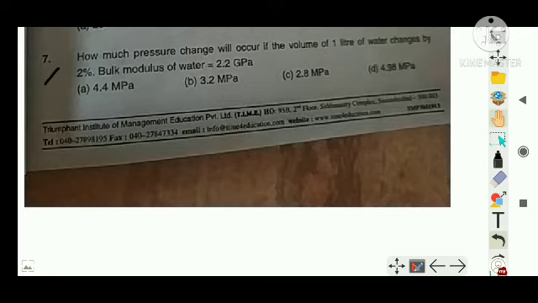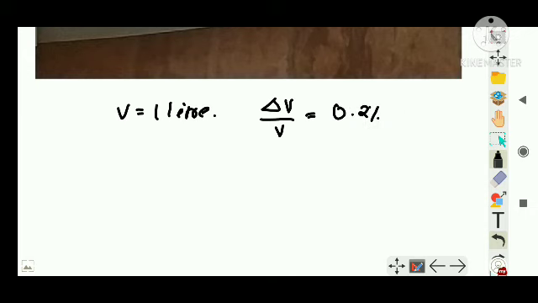Bulk modulus means you are talking about the hydraulic section, right? Initially the volume was 1 liter, right? And the change in volume is given as 0.2 percent, right? 0.2 percent means 0.2 by 100, or I can write it as 2 into 10 to the power minus 3, right?